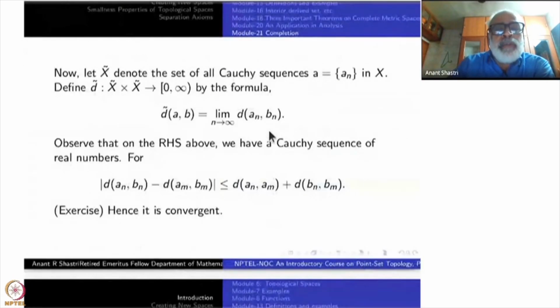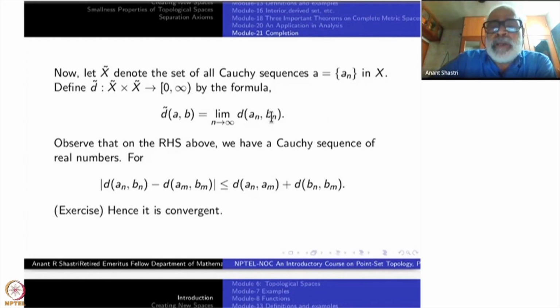Now, by the very definition, if you interchange b and a, the number is the same, so the limit will be the same. So it is symmetric. For each a, b and c, 3 sequences, the distance between a and c is the limit of this one, but a_n to c_n, you can write it as a_n to b_n plus b_n to c_n.